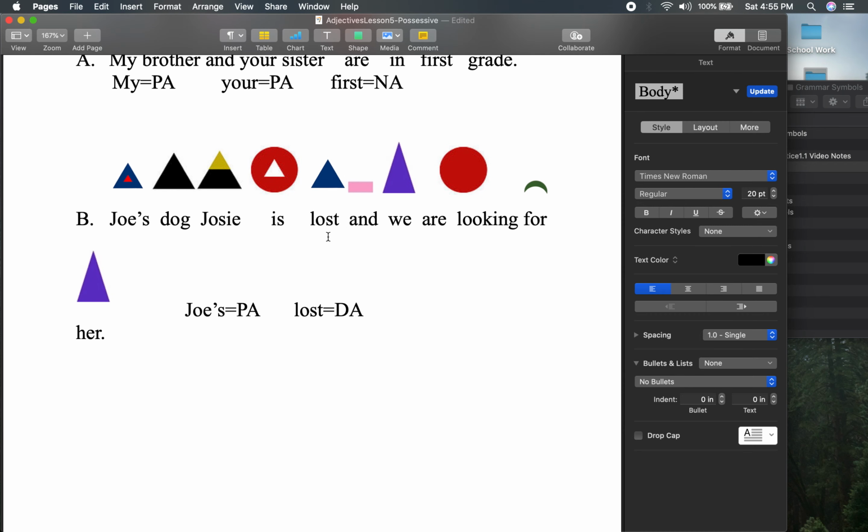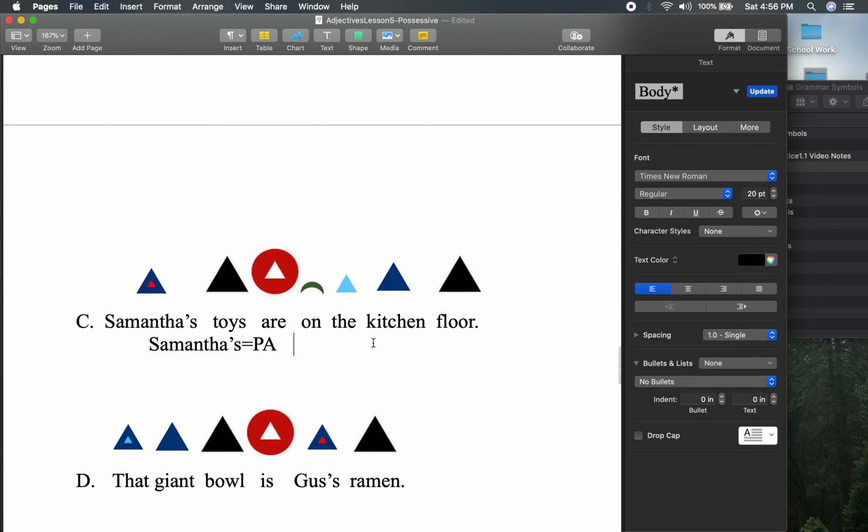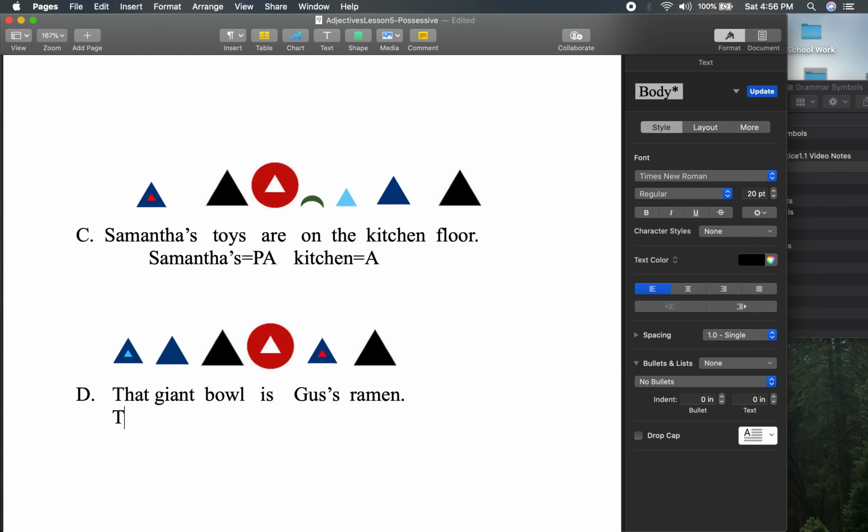Oh, but I can't do lost like that, can I? Because that would be demonstrative. Let's just do lost as just regular old adjective. And kitchen as regular old adjective. Because if I'm using DA for demonstrative, then I cannot use DA for descriptive. I think that makes sense.